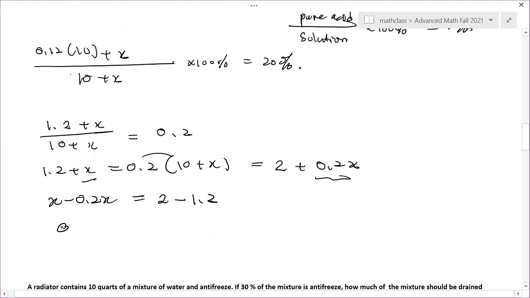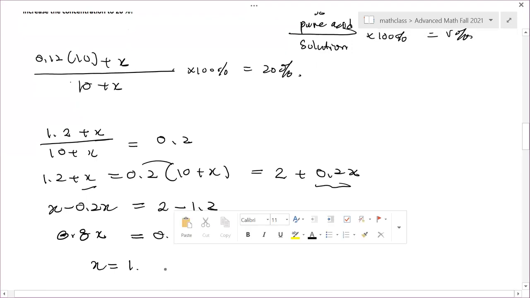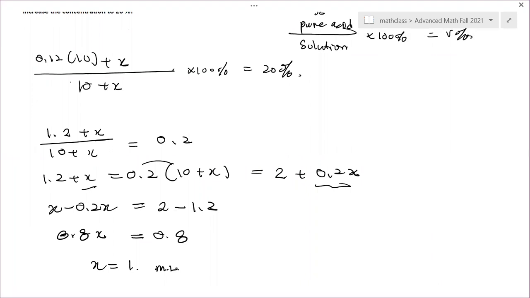So that'd be 0.8x equals 0.8. So x is going to be 1. So you're going to add 1 milliliter of pure acid into the container.